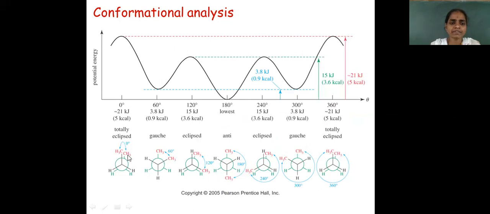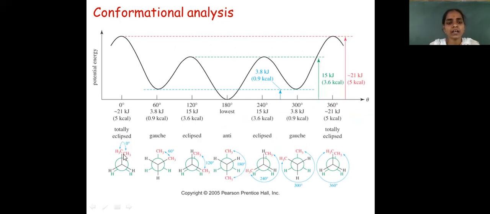If we see here, the first carbon is attached to a methyl group, and the second carbon is also attached to a methyl group. That means the steric hindrance is more, so there is a higher repulsion between the two methyl groups. As the repulsion is more, it is less stable, so it starts a rotation in the second carbon.